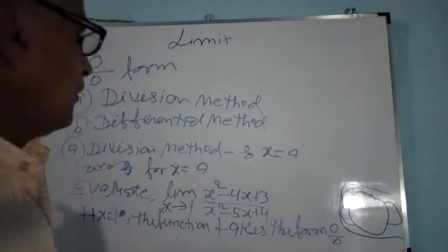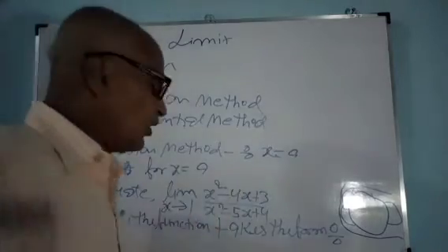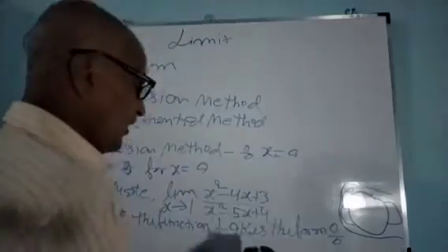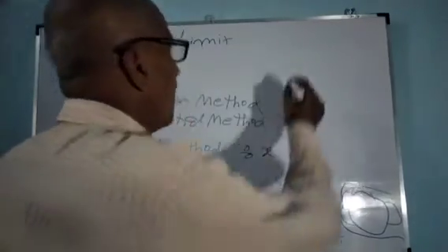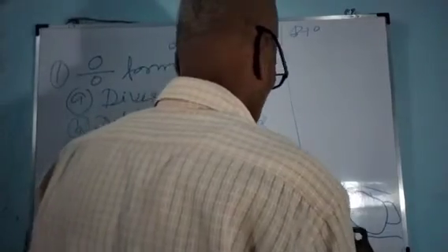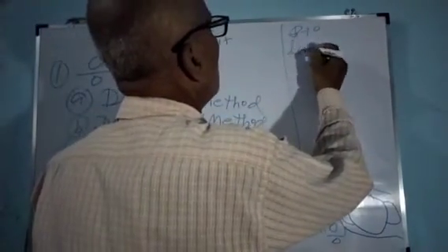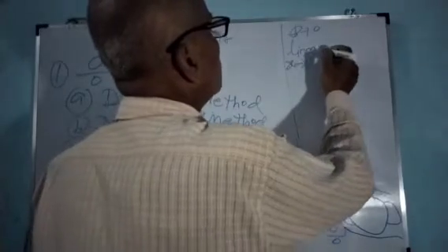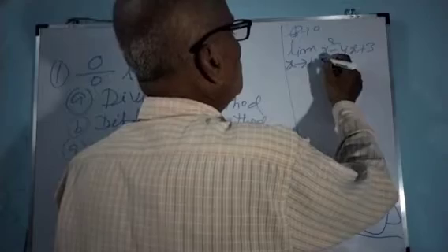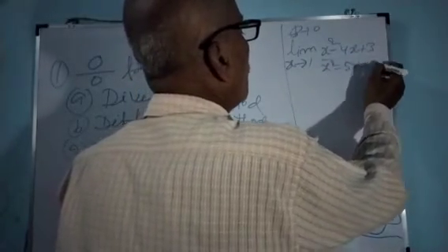How? We factorize the numerator and denominator by splitting the middle terms. Let us see. I write here. Limit x tends to 1, (x square minus 4x plus 3) by (x square minus 5x plus 4).